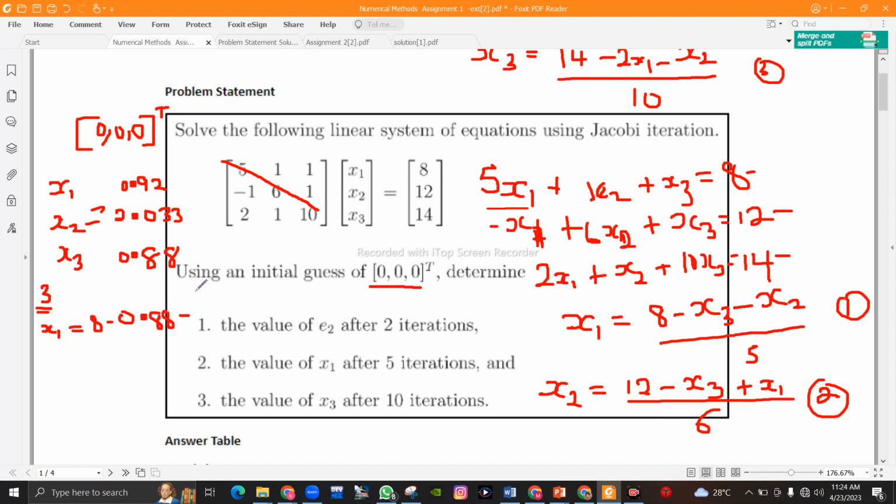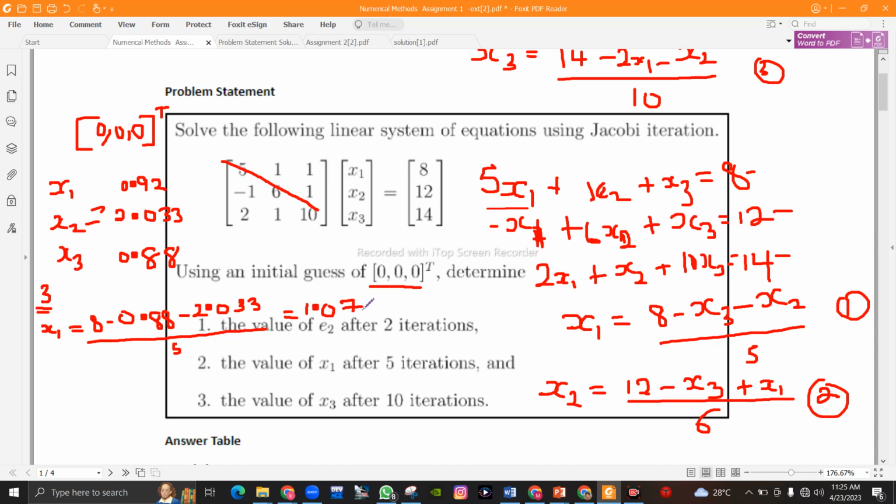What's x2? 2.033, divided by 5. If you calculate that, you are going to get 1.07.